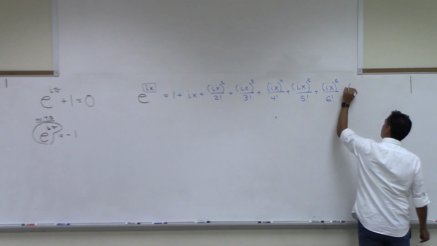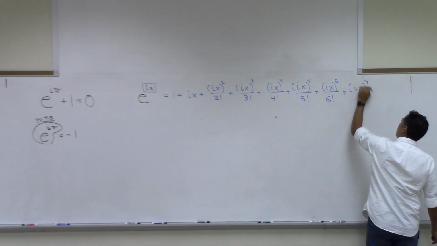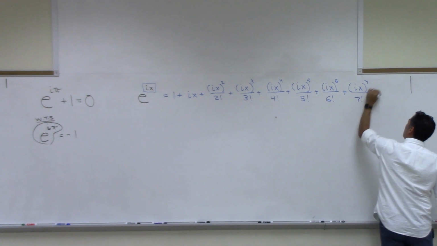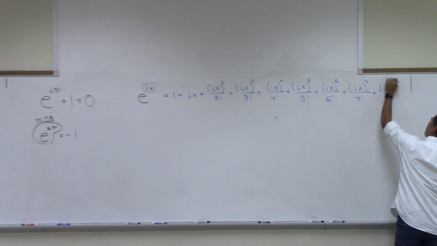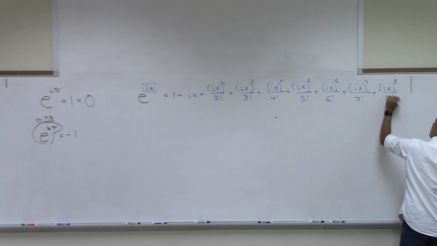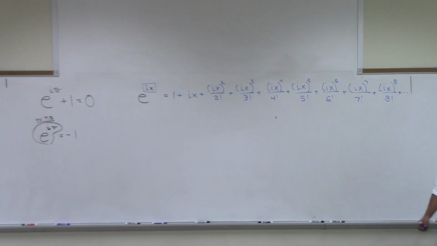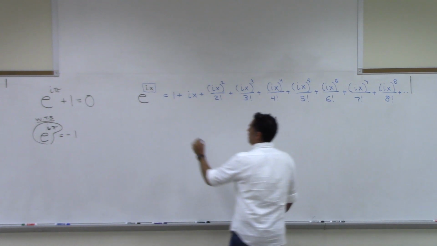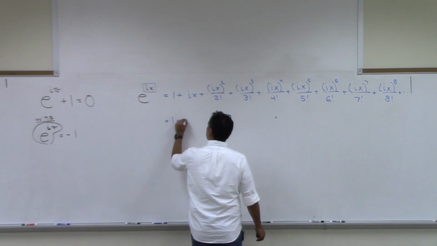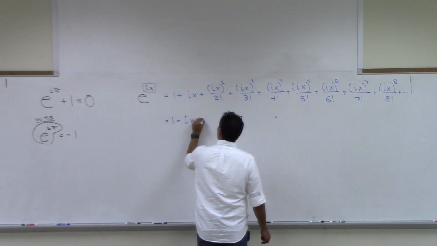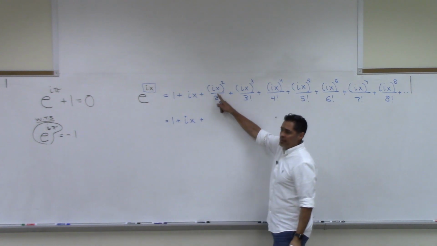I'm going to go maybe 2 more. ix to the 7th over 7 factorial, ix to the 8th over 8 factorial, right? Plus dot, dot, dot. Everyone buy that?